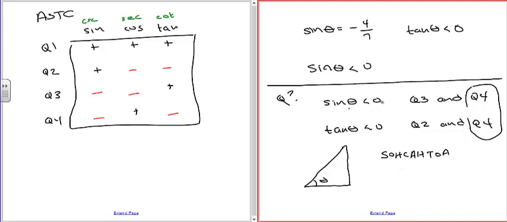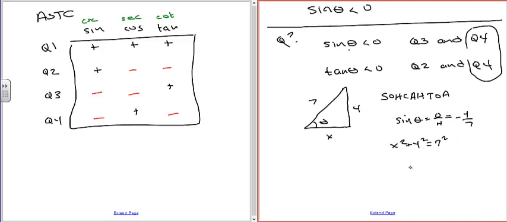So we're given the sine. The sine of theta, which is opposite over hypotenuse, in our case is negative 4/7. So we ignore the negative sign right now. The opposite is 4, the hypotenuse is 7, and then you use the Pythagorean theorem. Let's call the unknown side x. x squared plus 4 squared equals 7 squared.